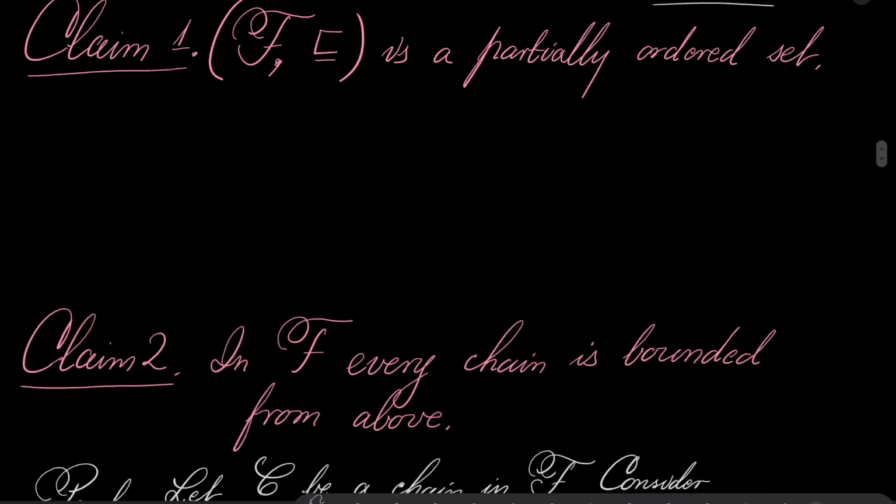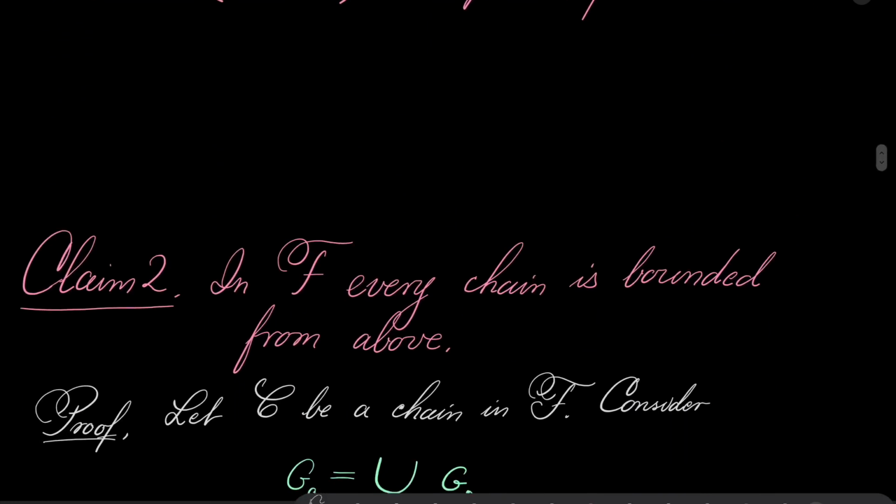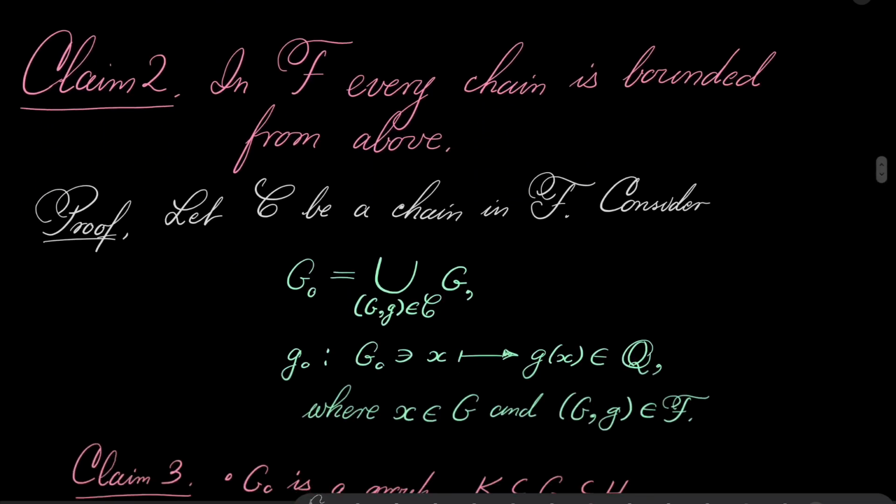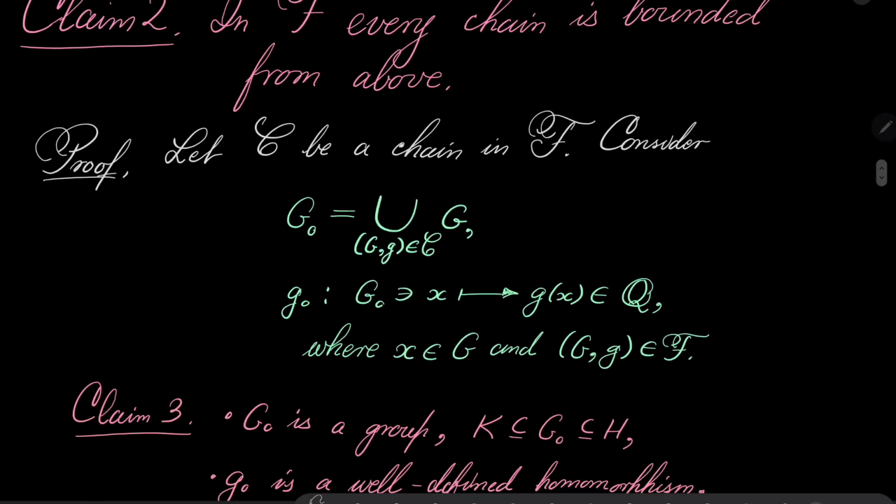My second claim, I will show that in this family, every chain is bounded from above. And to prove it, if you wish to try it yourself, consider any chain, any non-empty chain, because for the empty chain, well, every empty chain is bounded from above by anything.